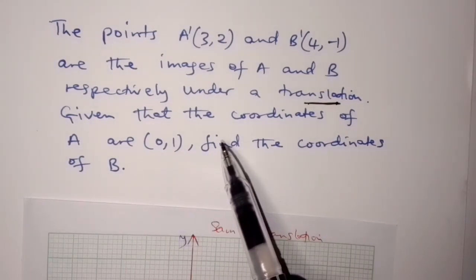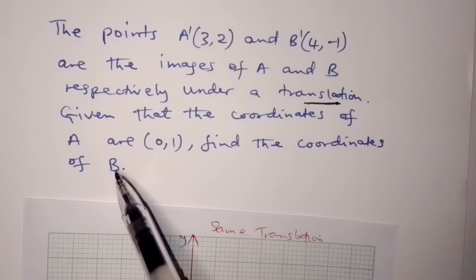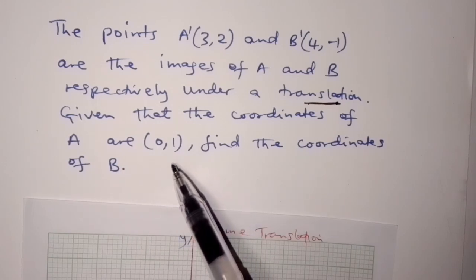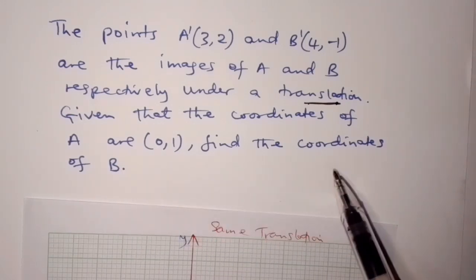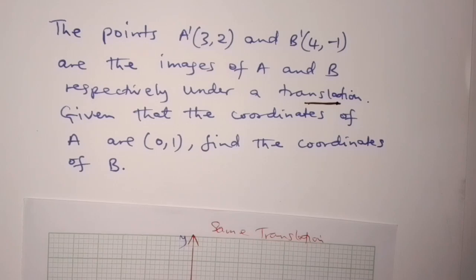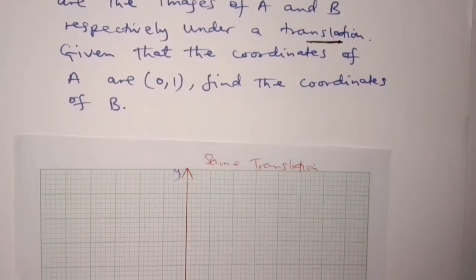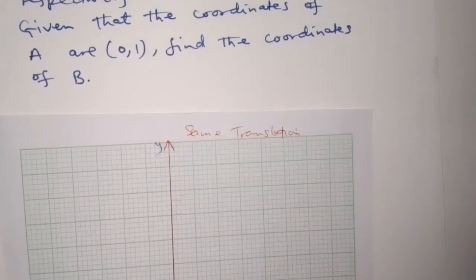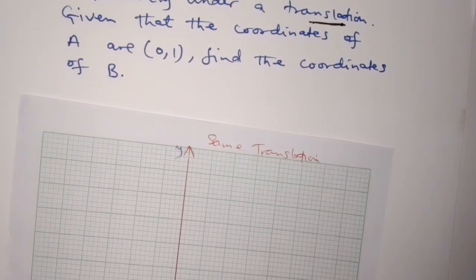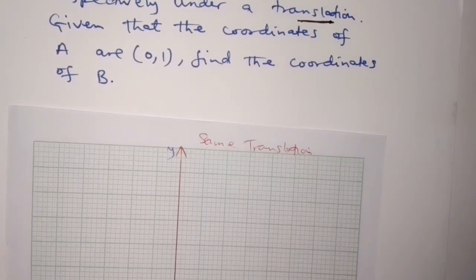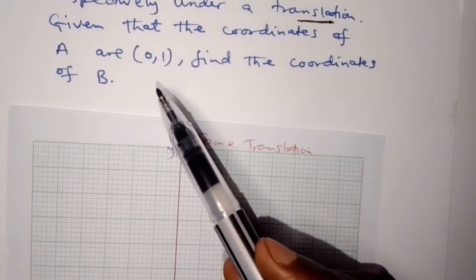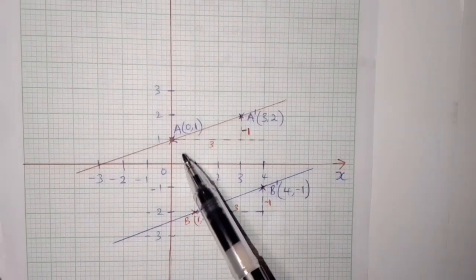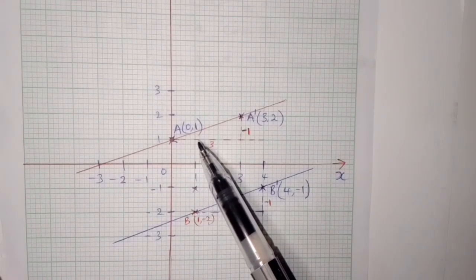Given that the coordinates of A are (0, 1), find the coordinates of B. So the coordinate of A here is (0, 1).